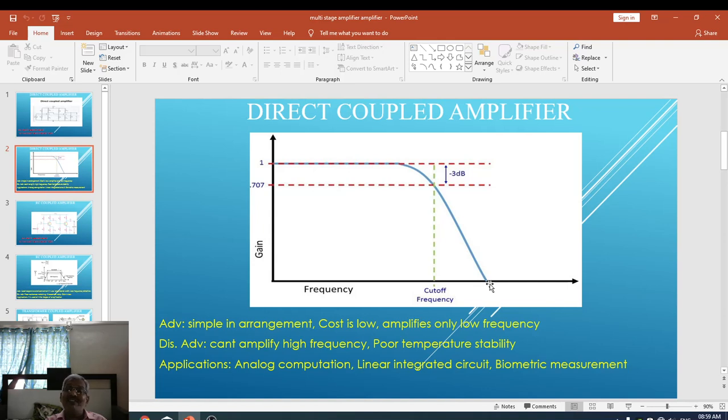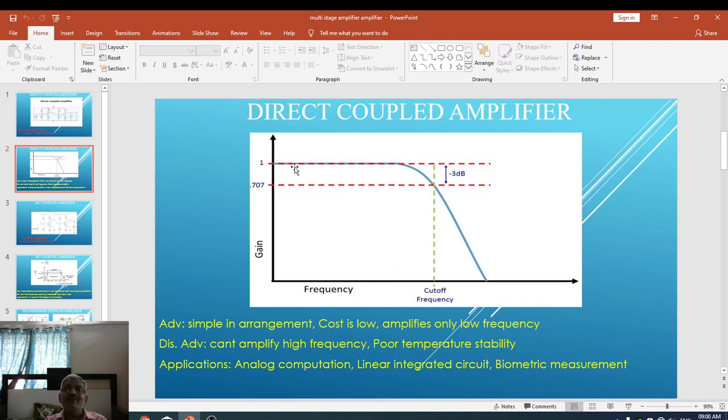Friends, this graph is like a low pass filter that processes only lower frequencies, but higher frequencies are going to be attenuated. Thus, at the beginning gain will remain constant, and at a particular frequency in the high frequency region, the gain starts decreasing. In the low frequency region and even in the mid frequency region, the voltage gain of the amplifier remains constant.